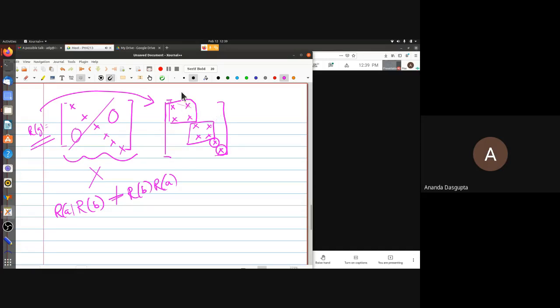What does this 2x2 block really mean? It means that if my new basis vectors here were E1, E2, E3, E4, E5, E6, then what is the structure telling you? Let's say this is the structure for RA. It tells you that when you apply RA, E1 and E2 get mixed among each other.